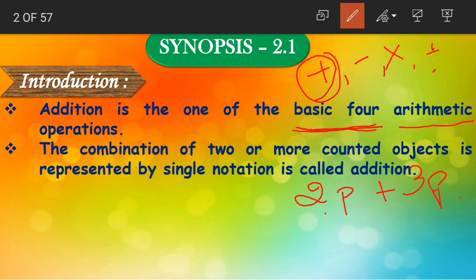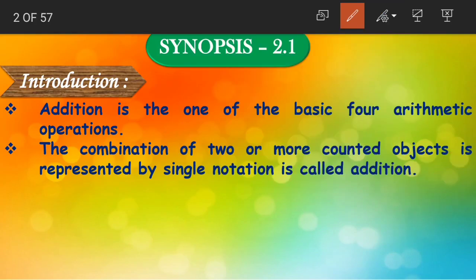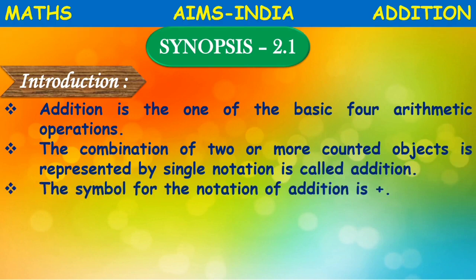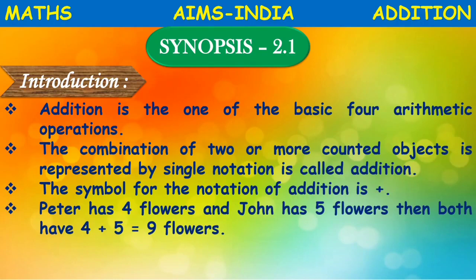How many pencils do we have together? We combine these two objects. 2 plus 3 is 5. We have 5 pencils, right children? So the combination of counted objects is called addition. And what is the symbol used? Yes, the symbol for the notation of addition is this plus here.